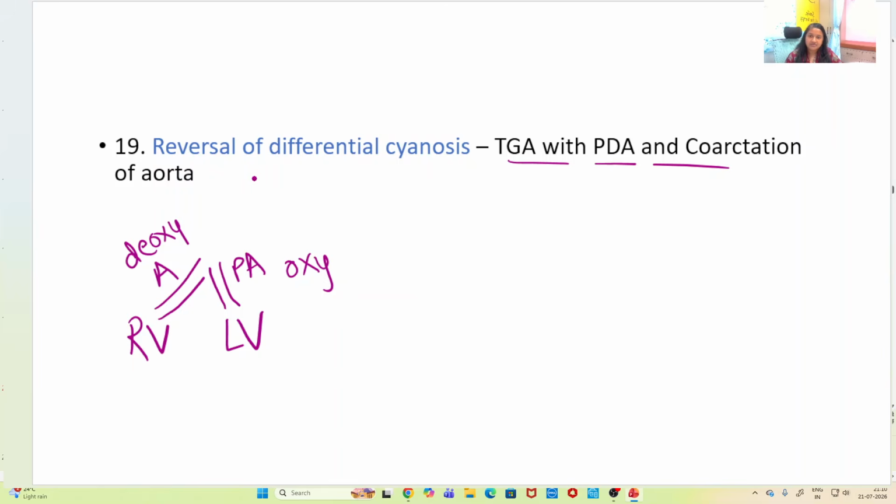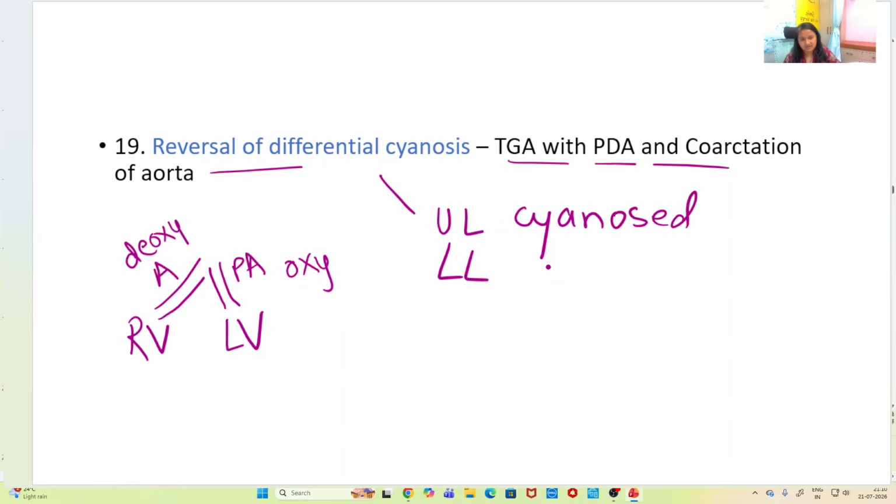Now in reversal of differential cyanosis, the upper limbs are cyanosed and the lower limbs are not cyanosed, or they are pink. There is reversal of this.